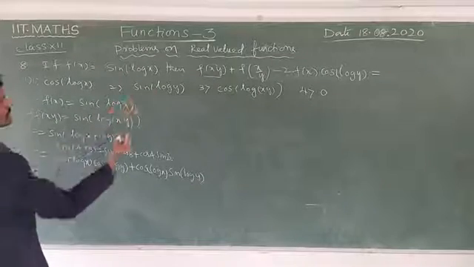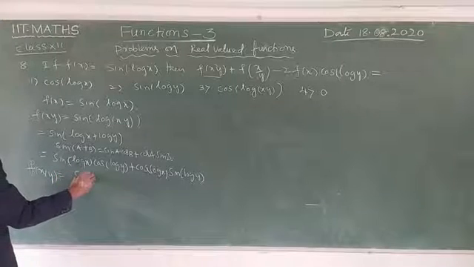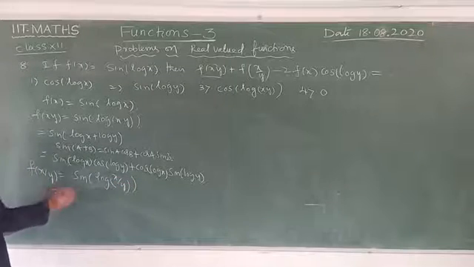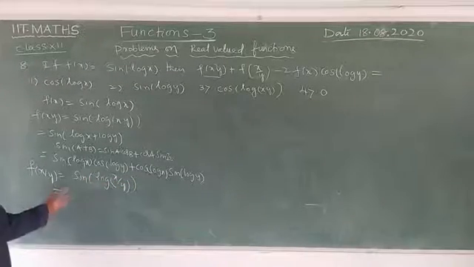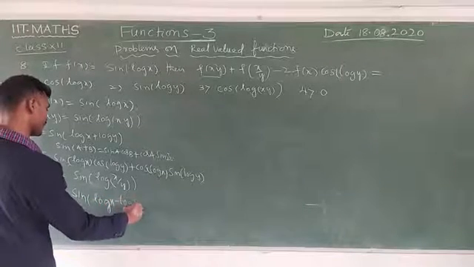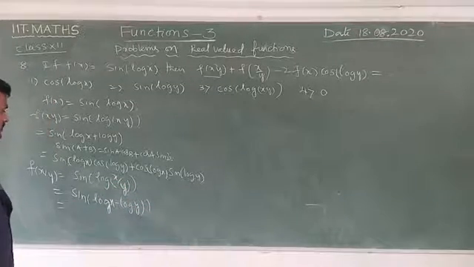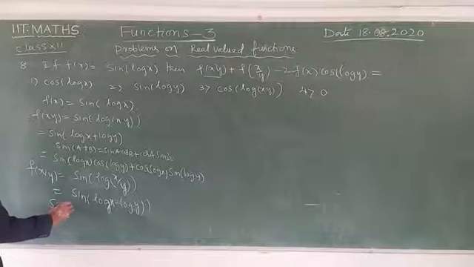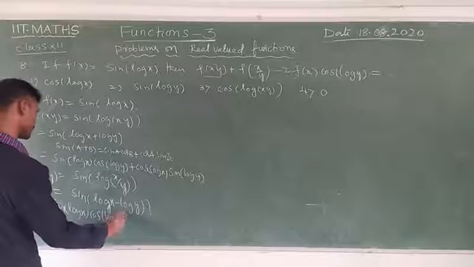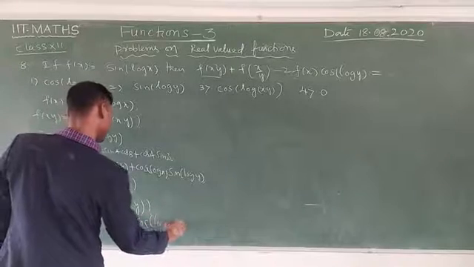Now you can take here f of x by y. f of x by y is equal to sine of log, here instead of x you can write x by y. Now log a by b is equal to log a minus log b. Now sine of log x minus log y. Now this looks like the sine a minus b formula: sine a cos b minus cos a sine b.